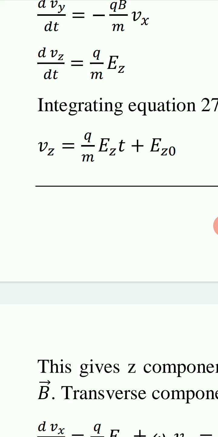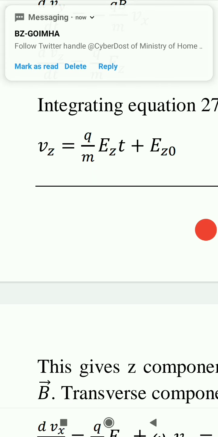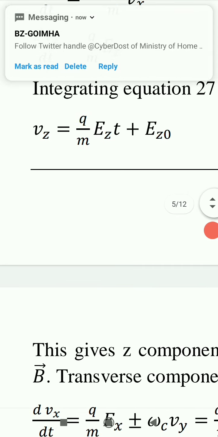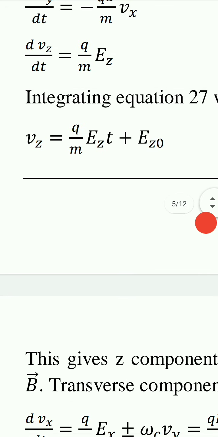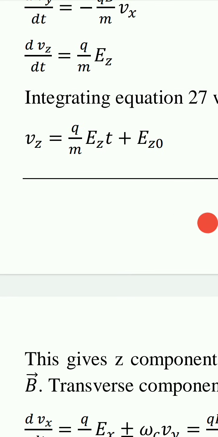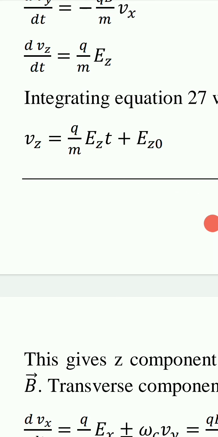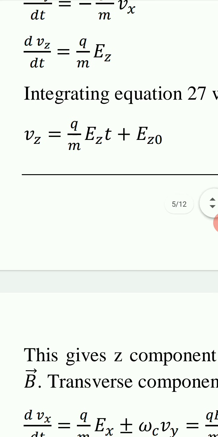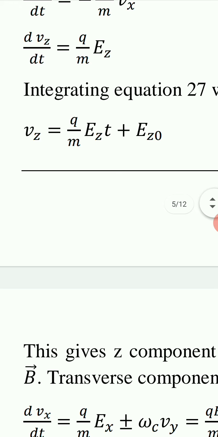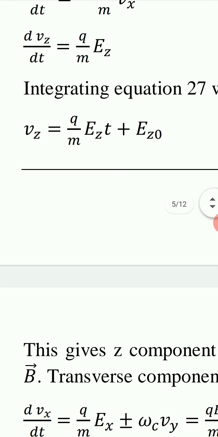If we integrate, we write a constant which we put here as Ez0. It must be Vz0 in place of Ez0.